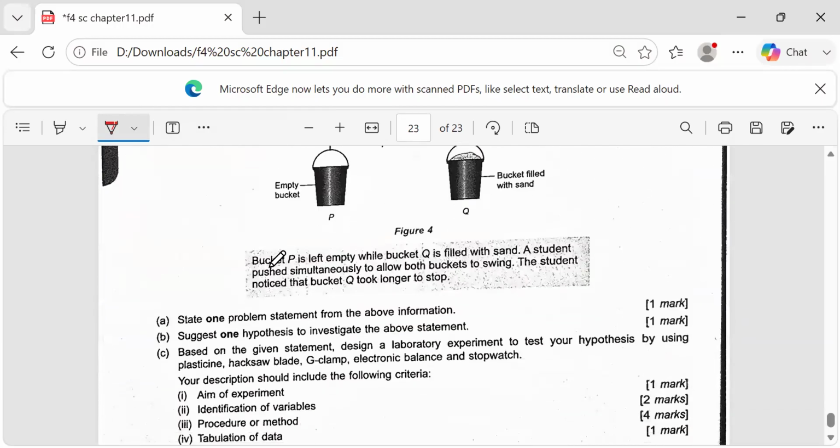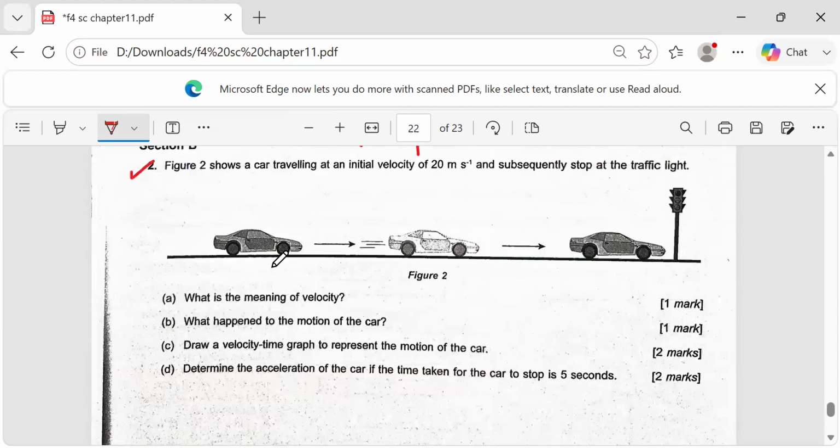This one I will explain. Just do 2 and 3. Okay? You can do it now.